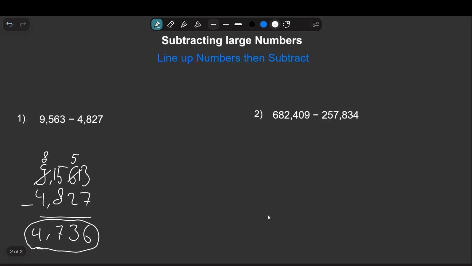So now let's go over to the second example, where we have much larger numbers. We have 682,409 minus 257,834.